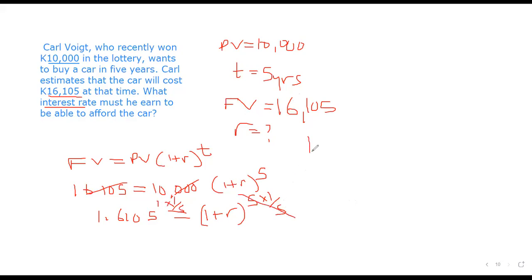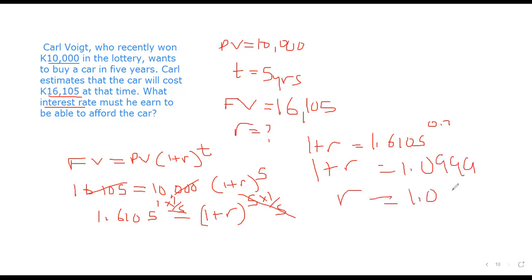So 1 plus R is equal to 1.6105 to the power what? 0.2, because 1 over 5 is the same as 0.2. 1.6105 to the power 0.2 gives 1.0999. So to make R the subject, let's subtract 1. So our R is 9.999%, which is the same as 10%.